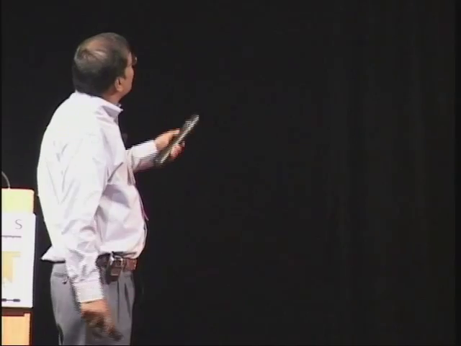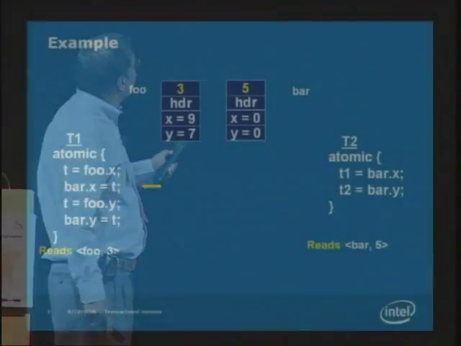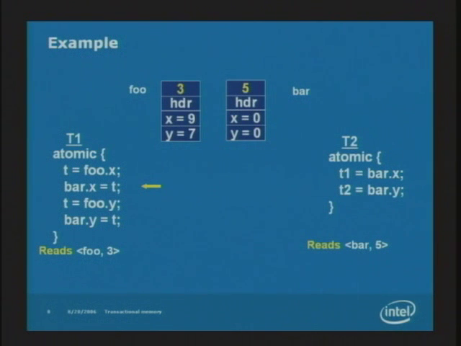They say this was the time at which this object was last modified. Then transaction T1 proceeds, and now it wants to do a write into this bar object. What we'll do here is use locking, strict two-phase locking. When we get down to doing the write, we take ownership of this object. This tells the rest of the world that transaction T1 is in the midst of modifying this particular object. When that happens, we do an in-place update, so this is using eager versioning.